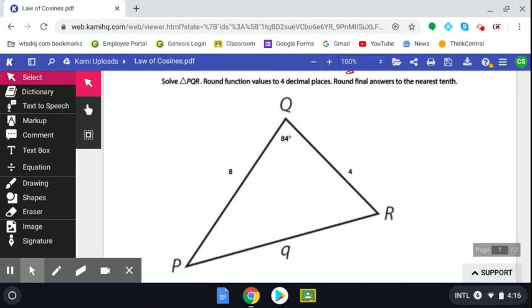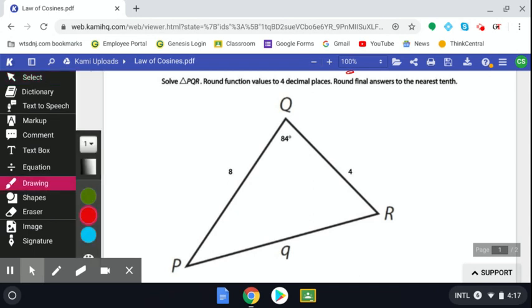let's say I'm going to pick one part to solve for first. In this case, since I have the angle here and I am looking for this side because they're opposite from each other, those are the two that I'm going to have: the side outside and cosine of that angle.